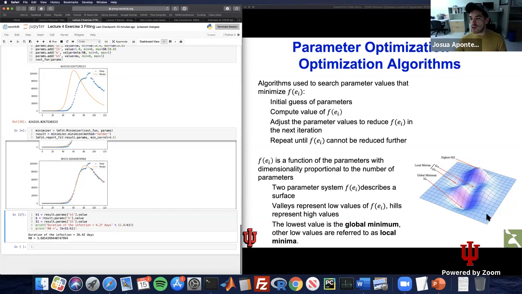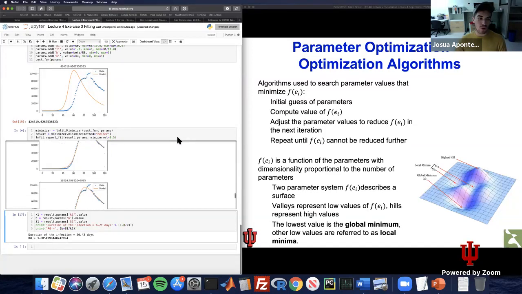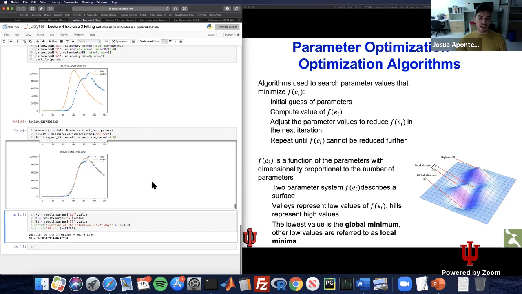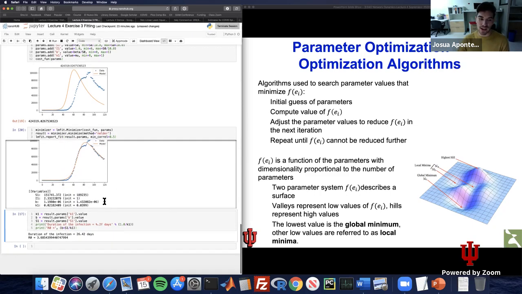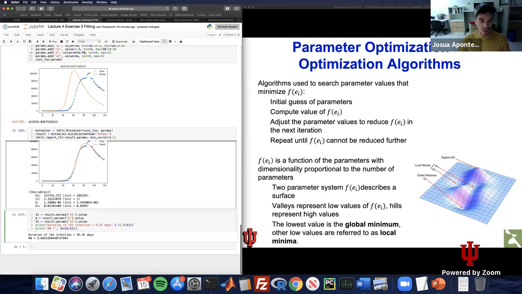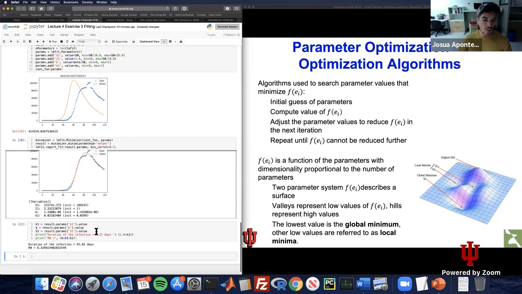If all of this is flat and you start out here, it's just gonna move on the flat areas, which is what we were seeing. It will never arrive at a good local or global minimum. That's why we spend some time eyeballing those parameters, so we can have initial guesses of those values.